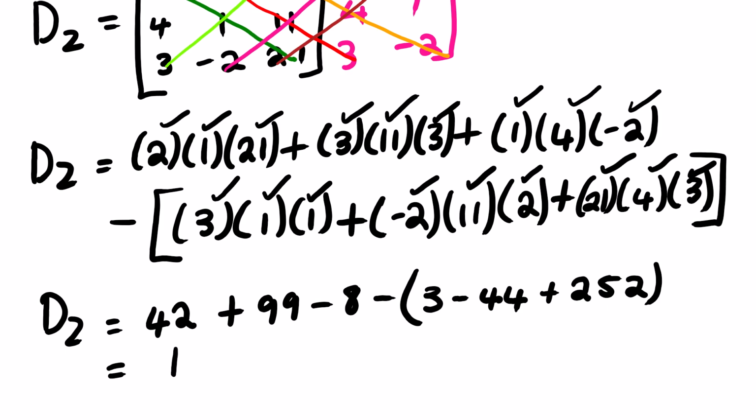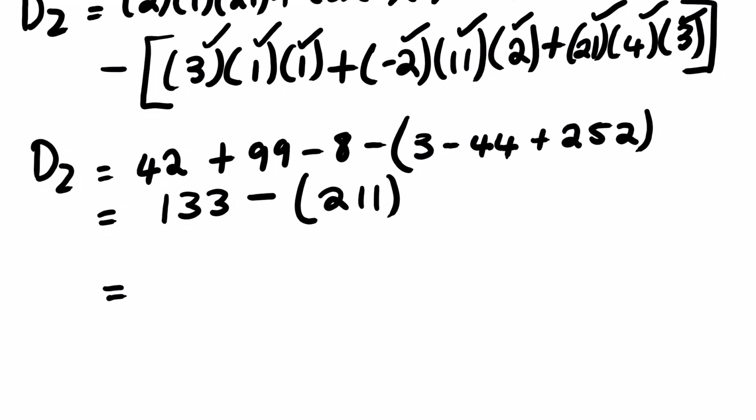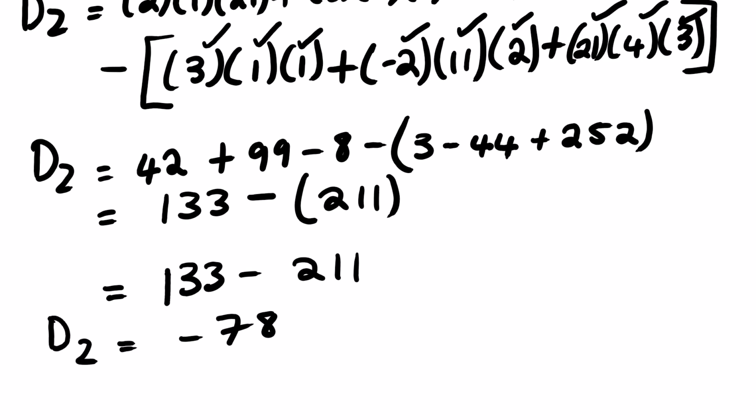The answer is 133. The answer is 133 minus, inside the bracket we have 3 minus 44 plus 252, 211. Then from here 133 minus 211. The answer should give us negative 78. So this is dz.